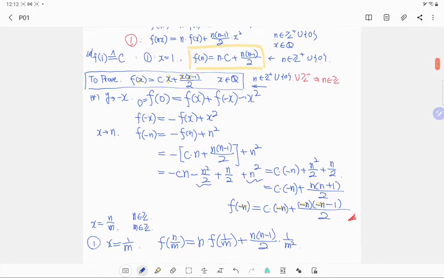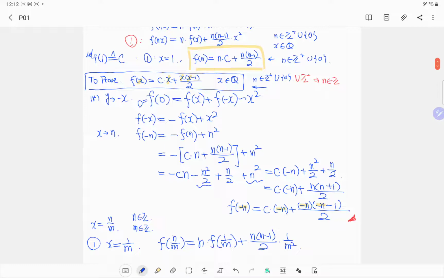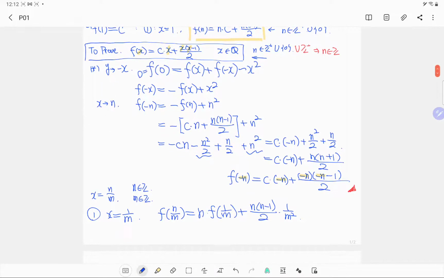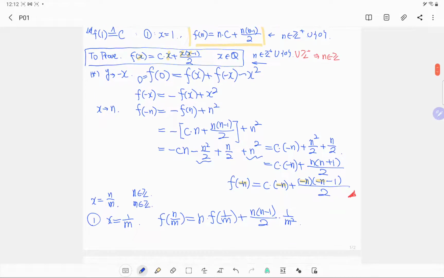Yeah, so we make use of equation 1. So the next step is still using equation 1. We substitute x equals 1 over n rather than 1 over m.